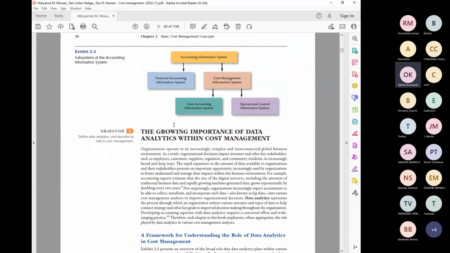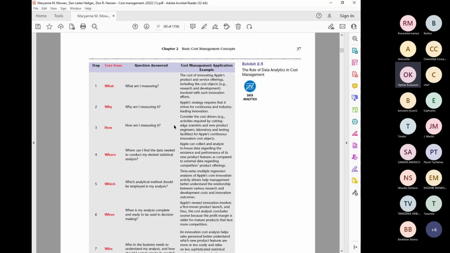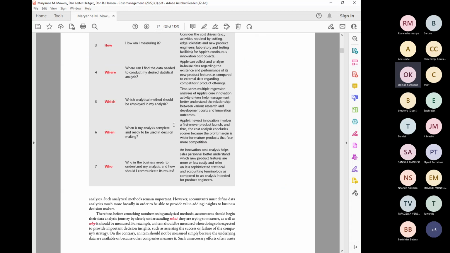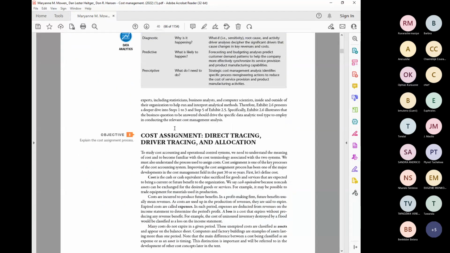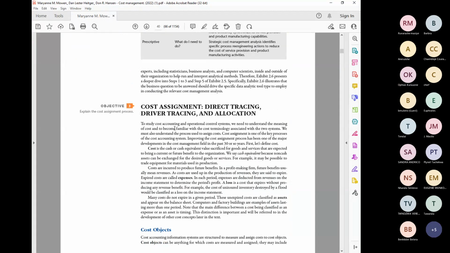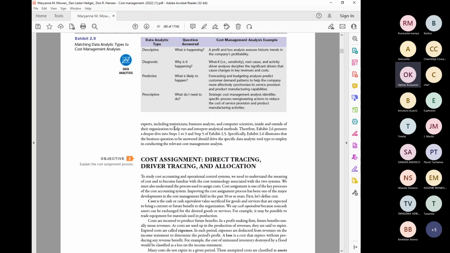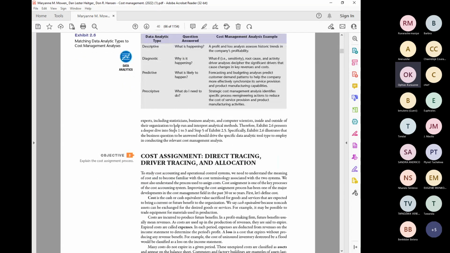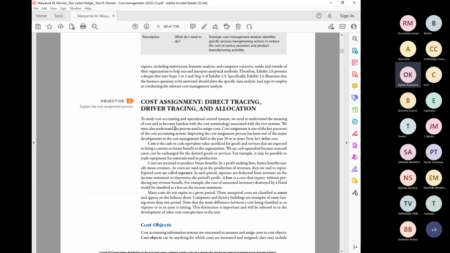If you cannot understand what we mean by the word variable cost, it becomes very difficult for you. We should understand what we mean by costs, cost assignments, cost drivers.